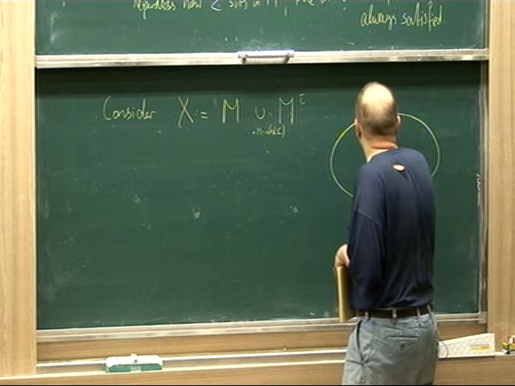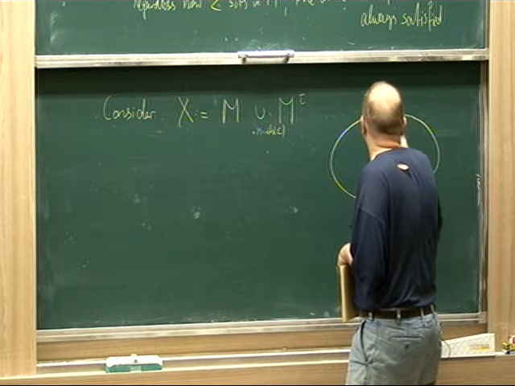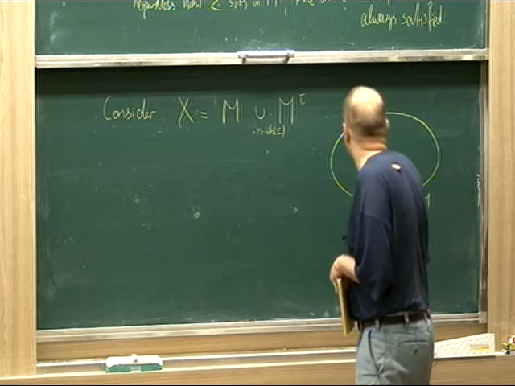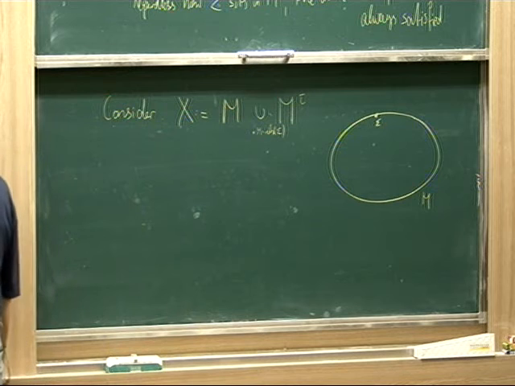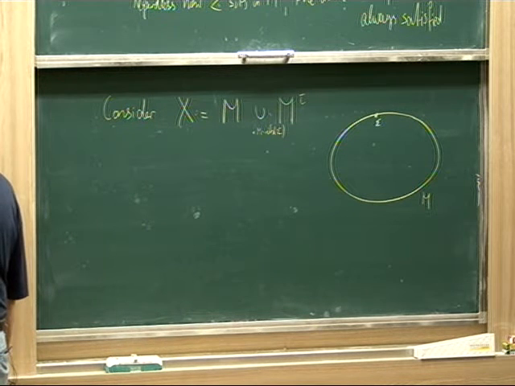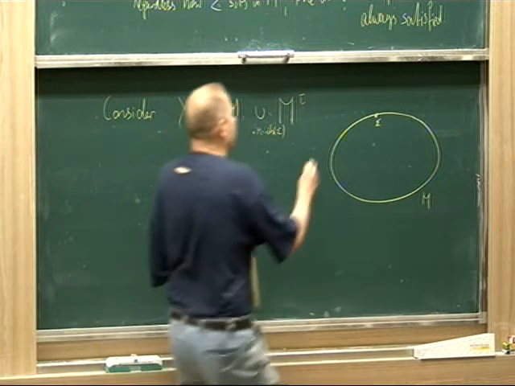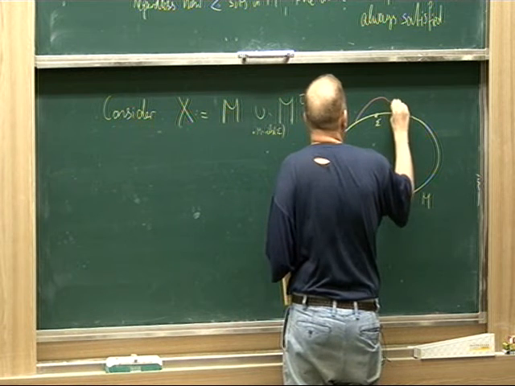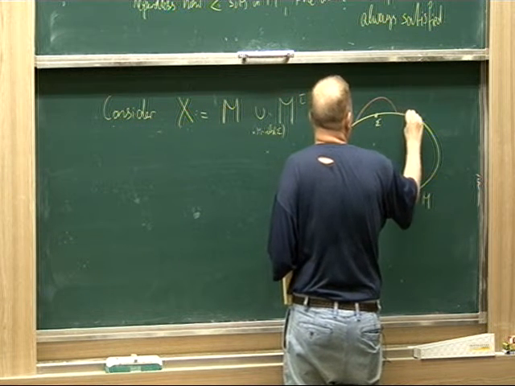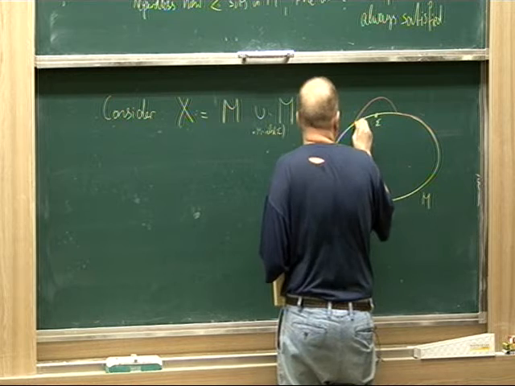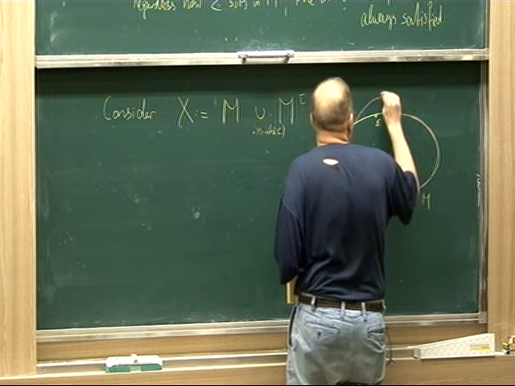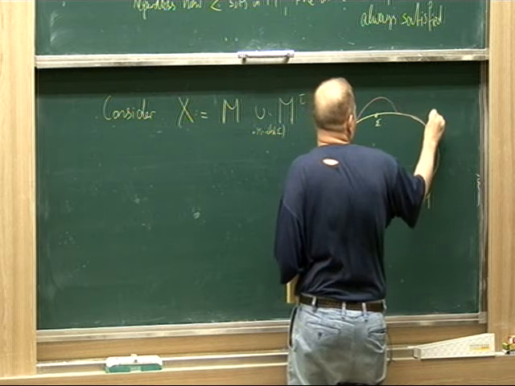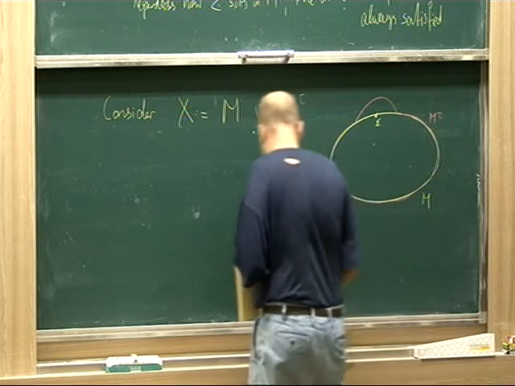Schematically, let this be sigma and this M. Then M tau agrees with M outside of a neighborhood of sigma. So only in a neighborhood they are different. So this is M2, right?